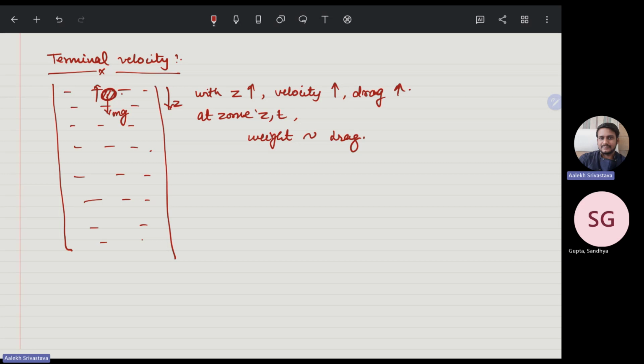One force is also buoyancy, so I should write apparent weight. When apparent weight is equal to the drag force, the velocity will be constant, because at that time both are equal, and this velocity is called the terminal velocity.